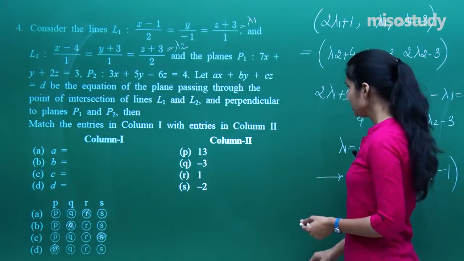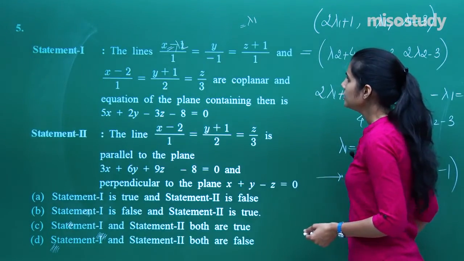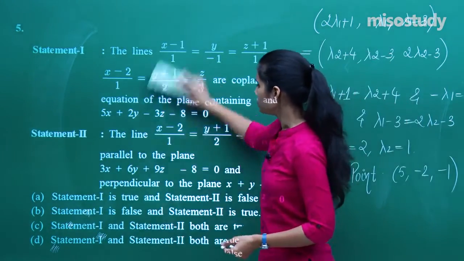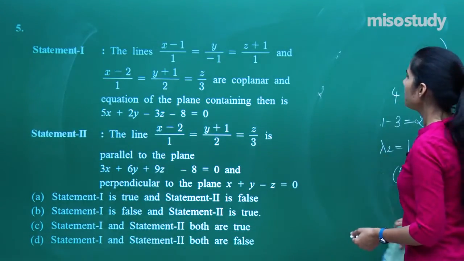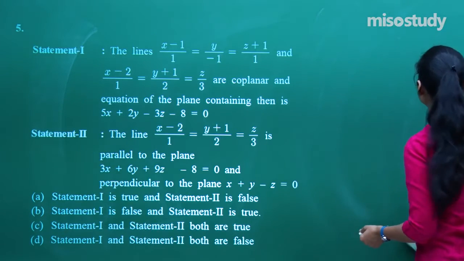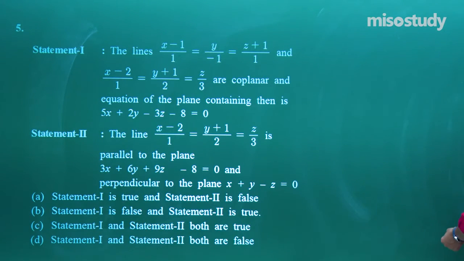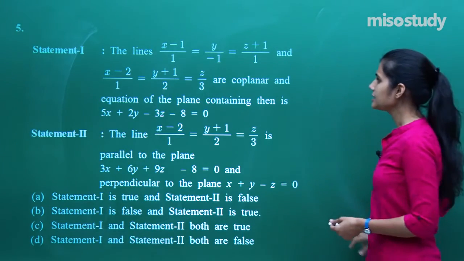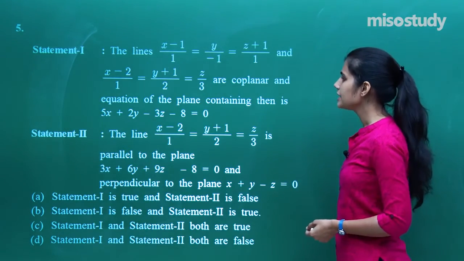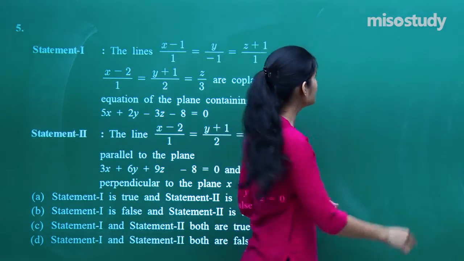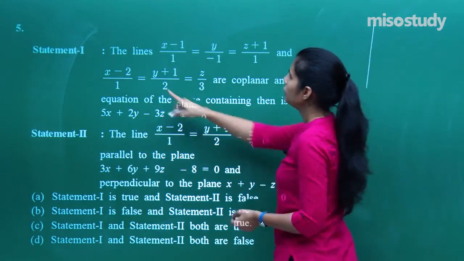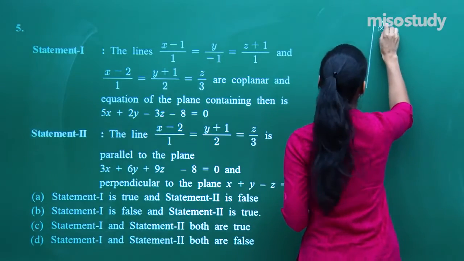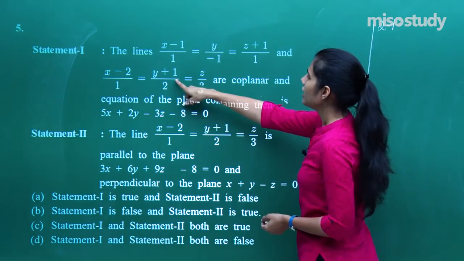Clear? Next, what you have is these lines are given to you. These lines are coplanar. So first of all, we have to verify statement 1 if it is correct or incorrect. These lines are coplanar, and equation of the plane containing them is this. For these lines to be coplanar, what you need is 2 minus 1, then you have what?